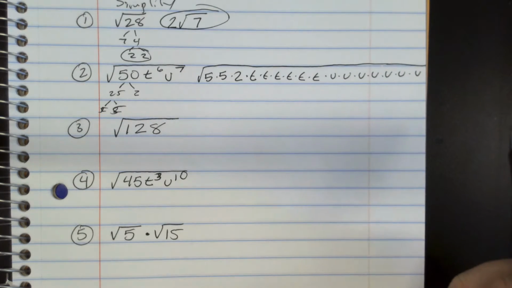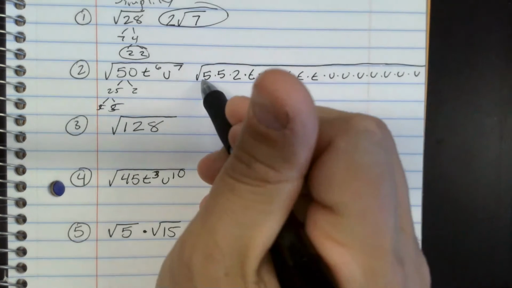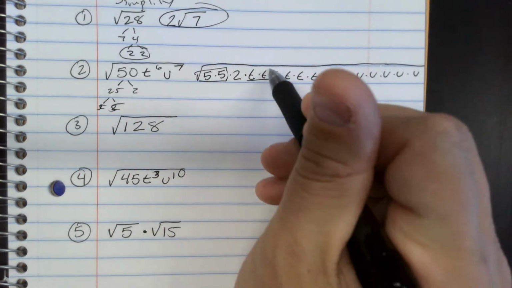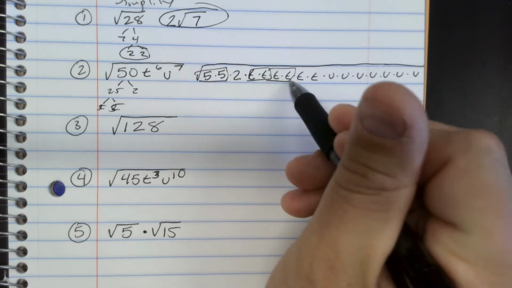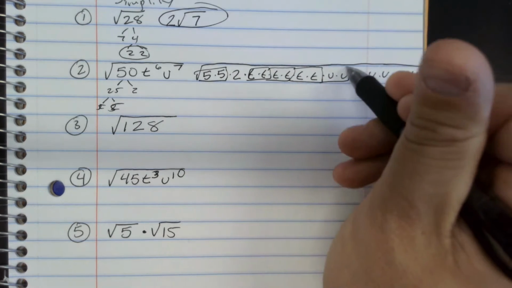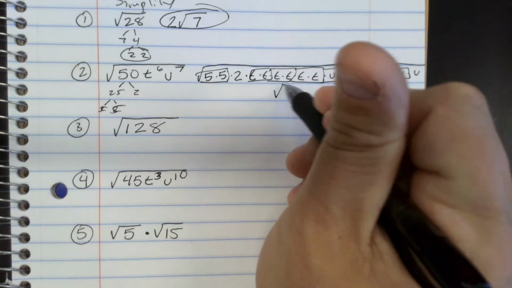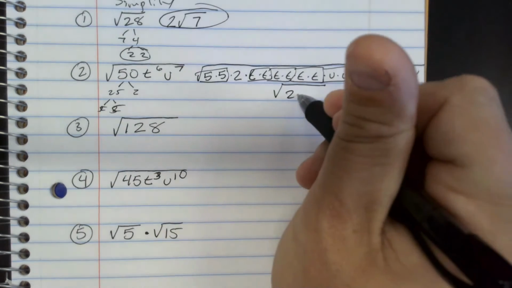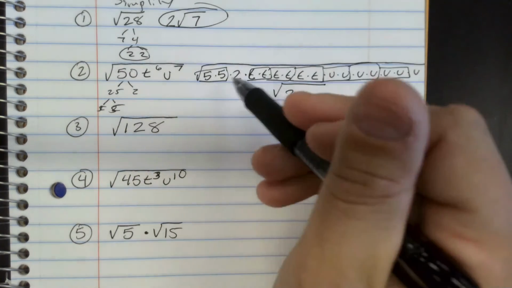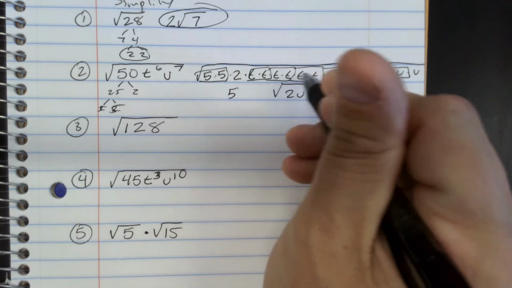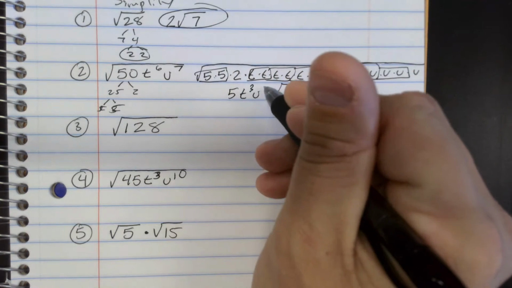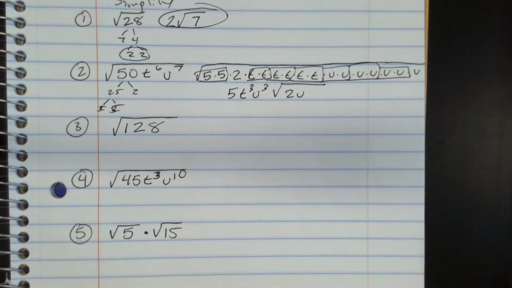I'll show you if you remember what we had to do. So we have a pair of 5's, 3 pairs of t's, and 3 pairs of u's. So let me ask you a question. What's left over underneath the square root? A 2 and a u. Now on the outside we're going to have 5, 3 t's, and 3 u's.